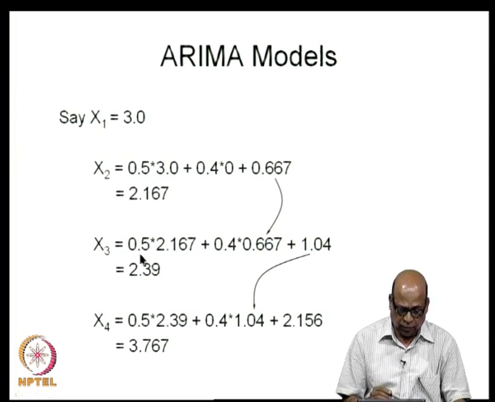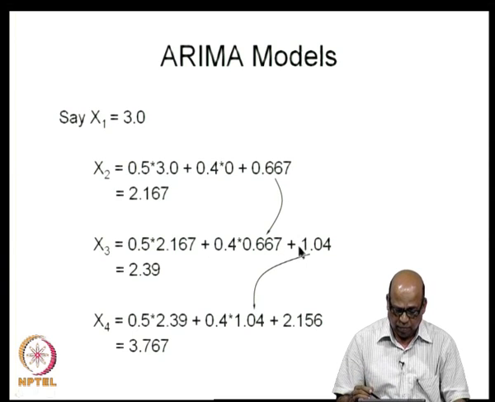When I go to generate x 3, I write phi 1 into x t minus 1, which is x 2, which is this 2.167, plus theta 1, 0.4, into E t minus 1. E t minus 1 is the random term that you have used in generating the previous value. So, that becomes 0.667 plus E t.